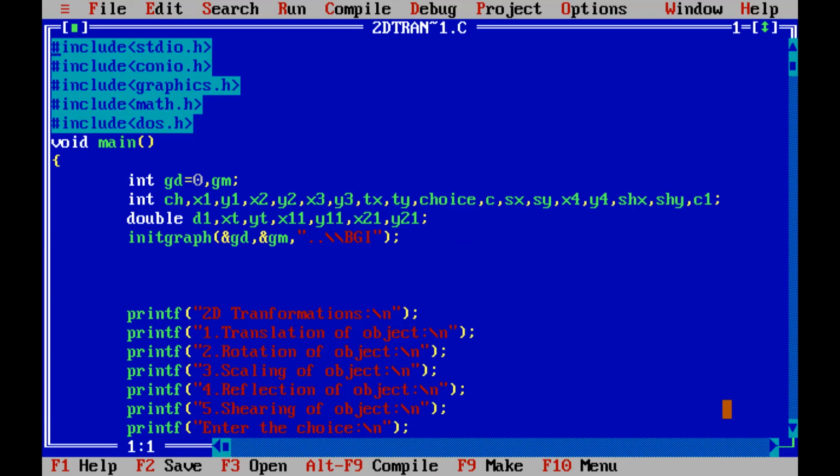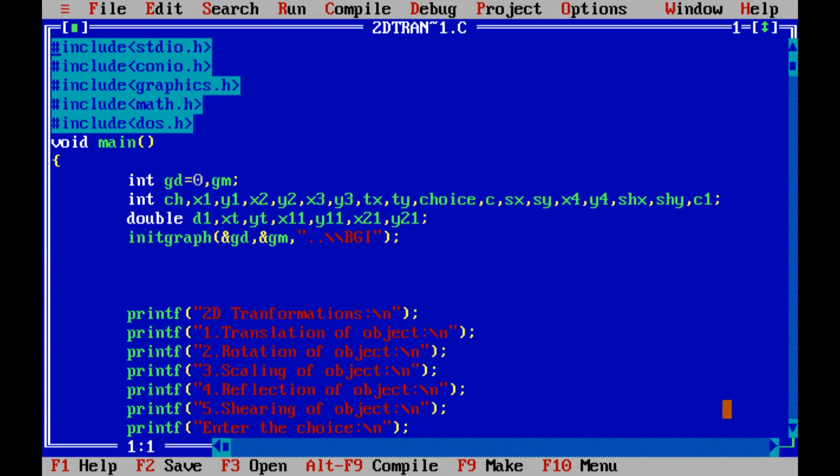If the scaling factors Sx and Sy along the x and y directions are less than 1, that is 0.5, then we get compression in the object. And if both the factors are equal to 1, then there is no change in the object. Then we have seen uniform and non-uniform scaling also.